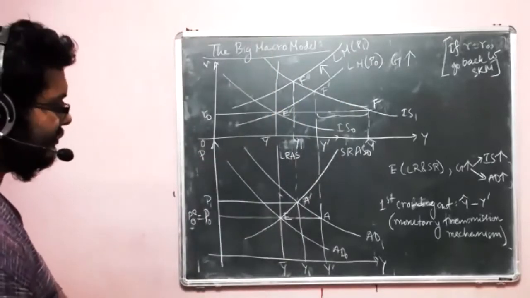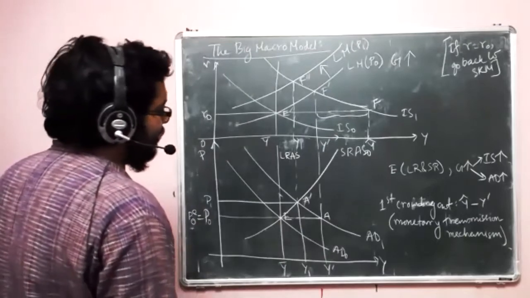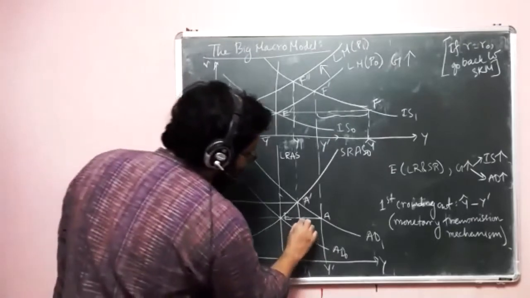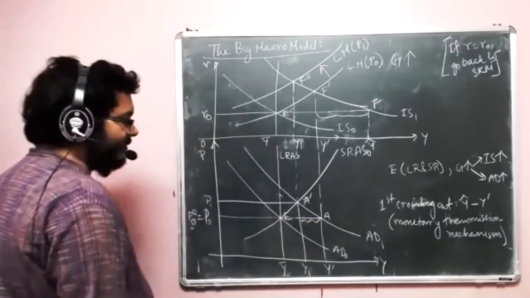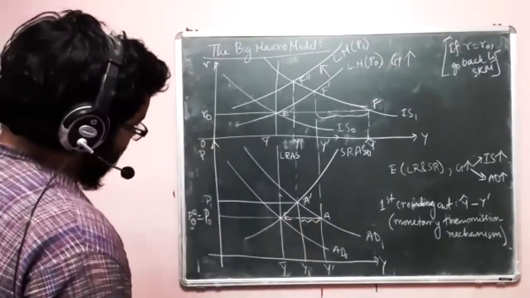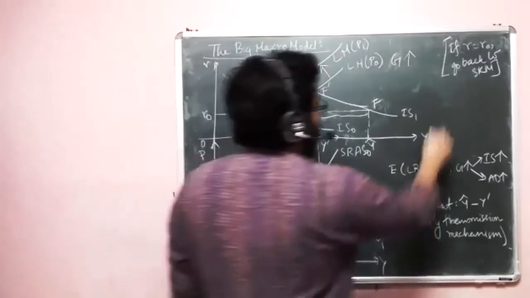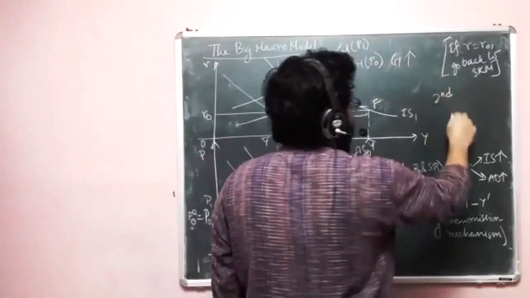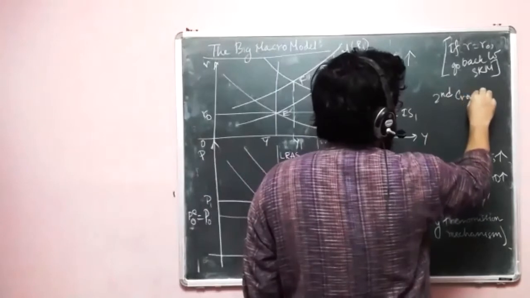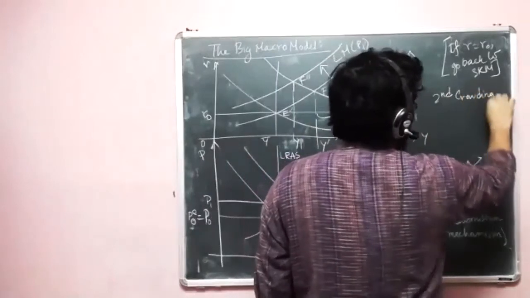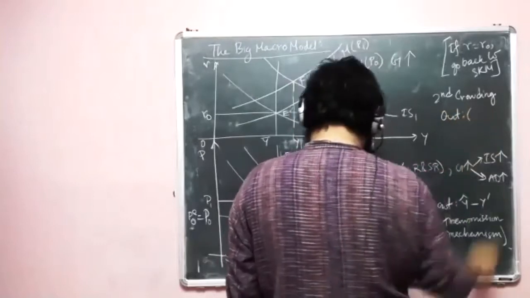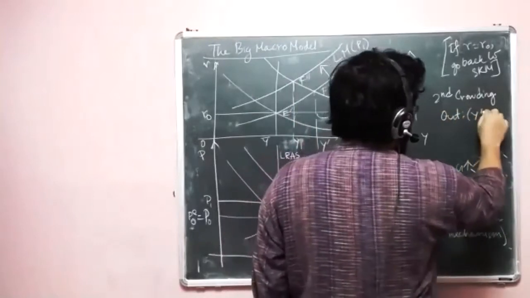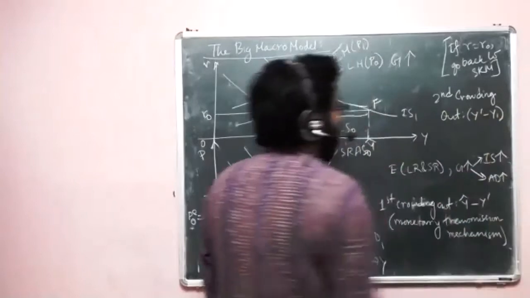Now, as we know, this is the zone where the second crowding out occurs, right? And that remains Y dash minus Y1, right?